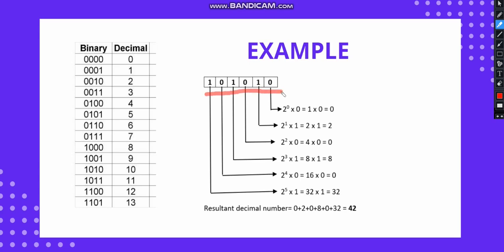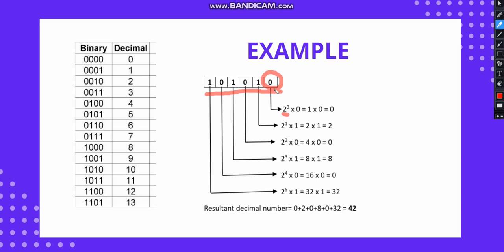Now we have to convert this number into a decimal number. So we multiply every digit of the binary number with 2 to the power of 0 to n minus 1. Here the indexing is from 0 to n minus 1.